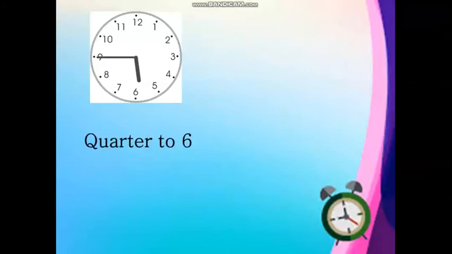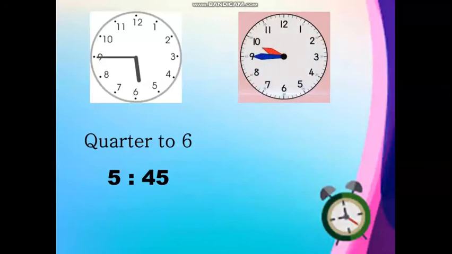Or we can say after 5 o'clock it is 45 minutes. 5:45. One more example we can do. Yes, minute hand at 9 and the hour hand about to reach 10. So time would be quarter to 10 or 9:45.